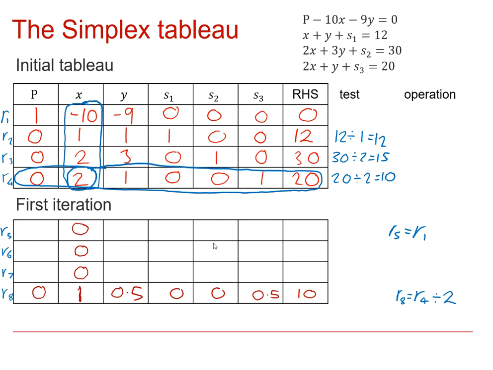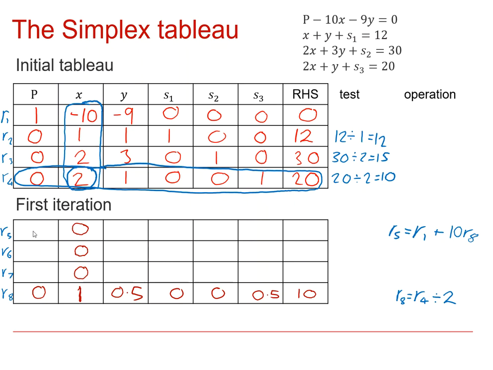It's probably going to be easier here to do it that way, so I'm going to say R5 is R1 plus, in order to cancel this negative 10, 10 lots of row 8. So that would be R1 plus 10 R8. Now let's see what happens to the numbers when I do that.